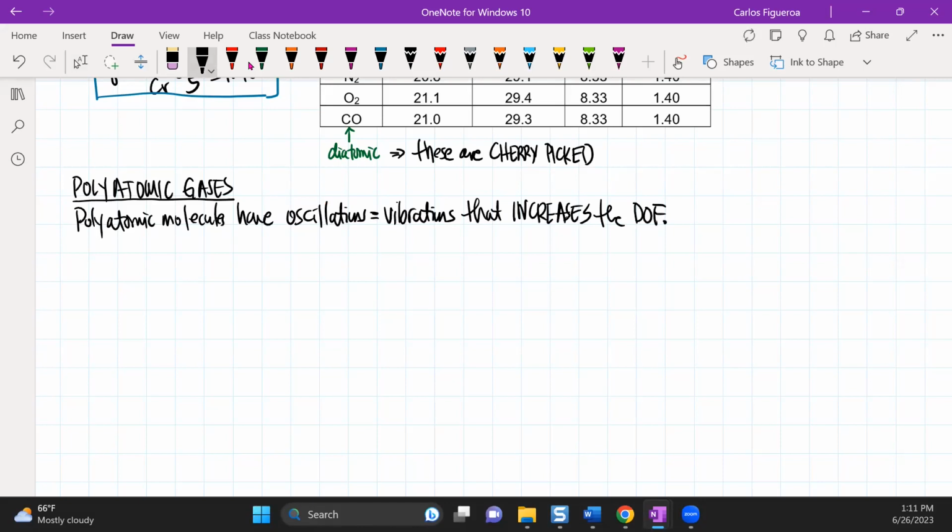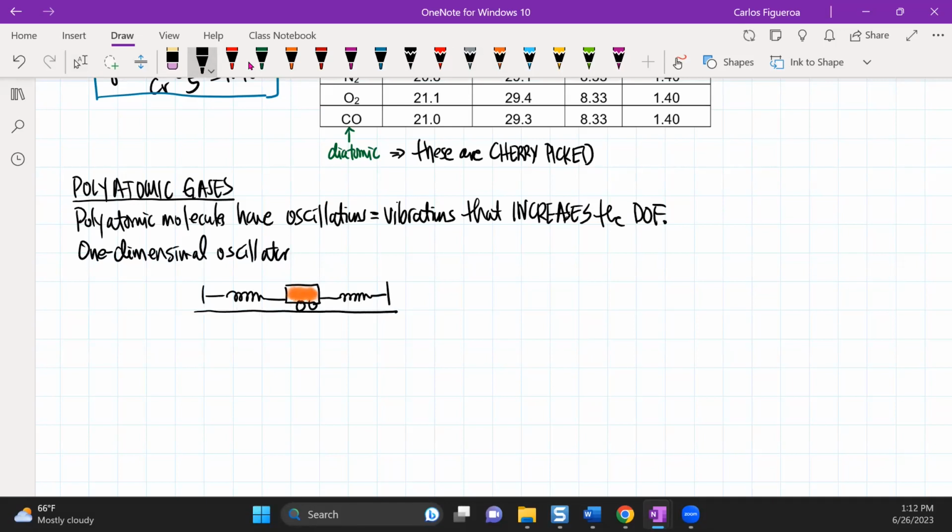I want you to imagine a one-dimensional oscillator. What do I know about a one-dimensional oscillator? I could imagine that I have a spring system that's connected to a cart. Maybe the cart is orange and it's connected between two springs.